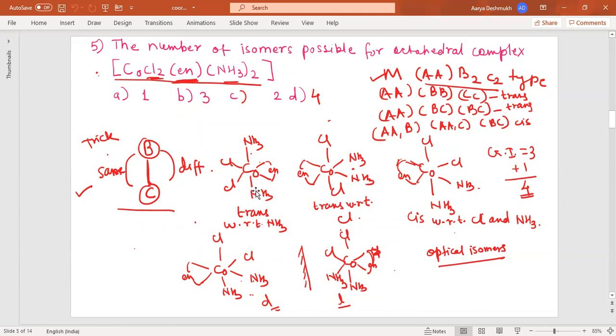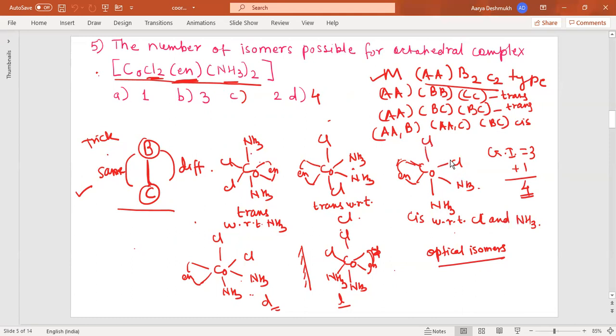Okay. Now if you look at all three structures, this is trans with respect to the ammonia ligand. These ammonias are exactly diagonally opposite. So this is the trans isomer. This is trans with respect to Cl. These two chlorine atoms are attached exactly in the opposite way. So this is trans with respect to the chlorine atoms here. And the one more thing which is possible is the cis with respect to Cl and NH3.